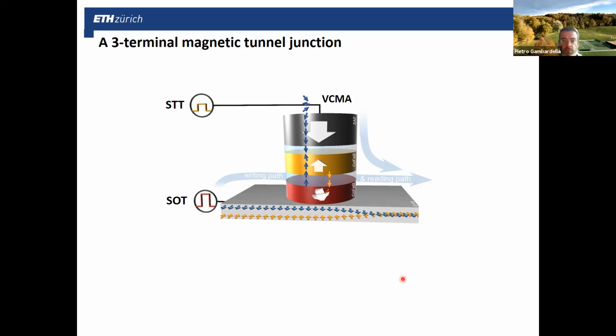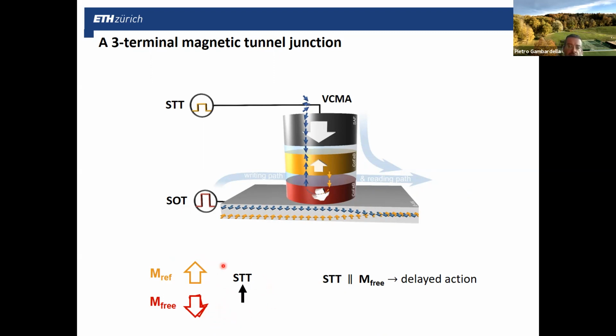Now, if you compare the action of a spin transfer torque with that of a spin orbit torque, there is a notable difference. One is that the spin transfer torque, as it is produced by the current spin polarized by the reference layer, is actually collinear with the magnetization of the tunnel junction.